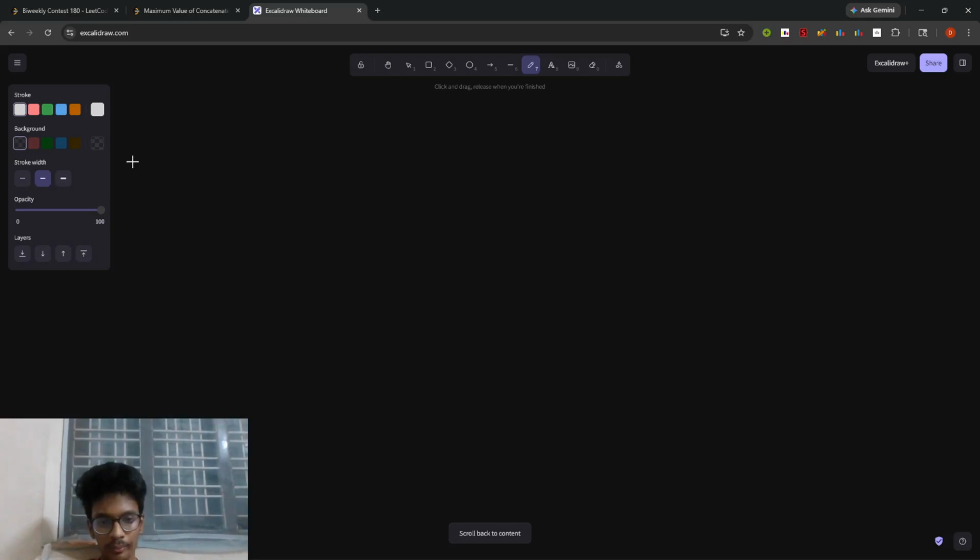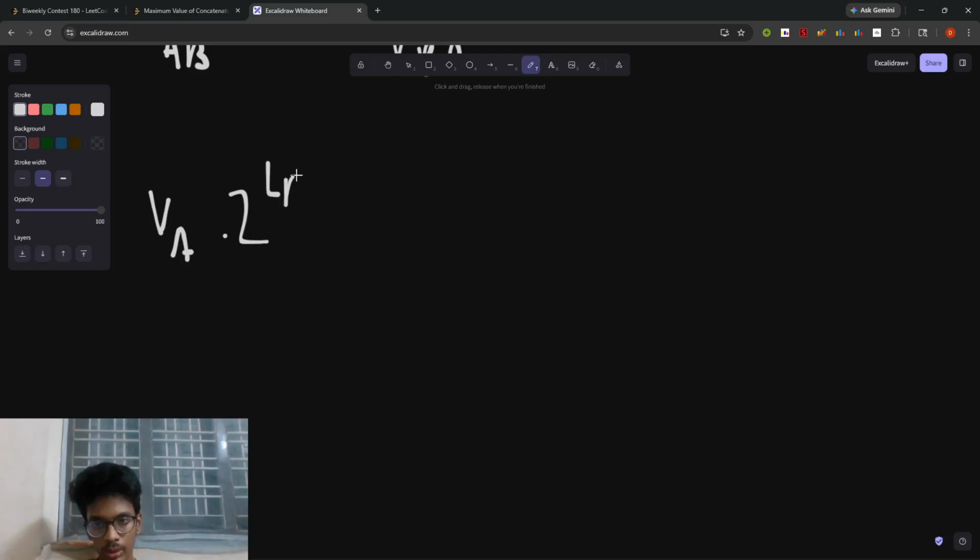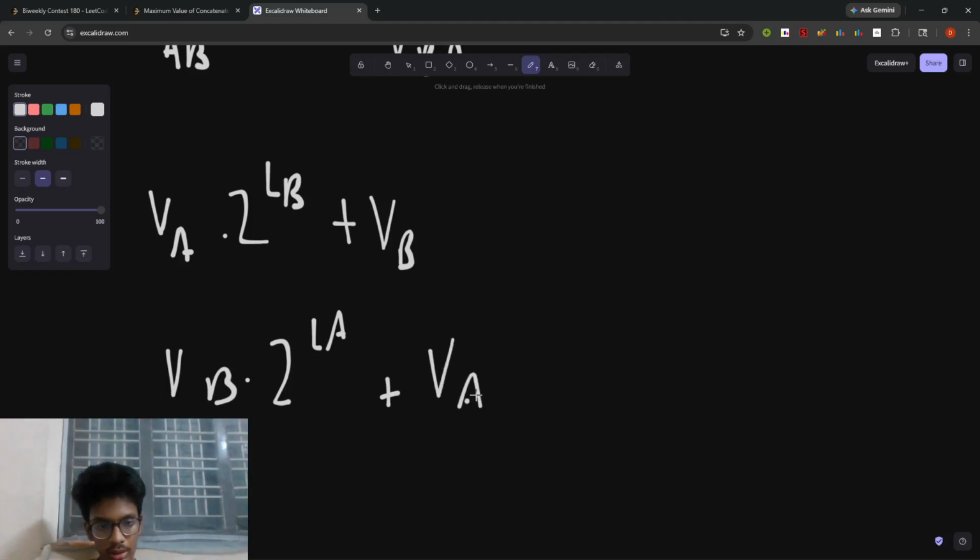And to compare the value of AB and the value of BA, how can I compare? I can take value of A into 2 power length of B plus value of B, and compare it with value of B into 2 power length of A plus value of A, isn't it?